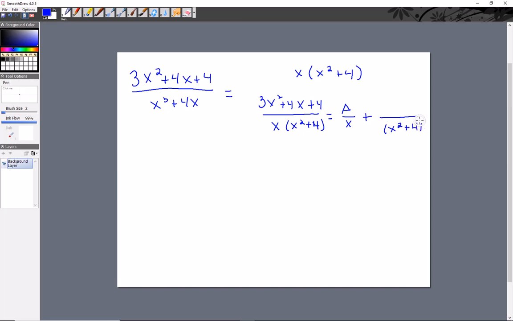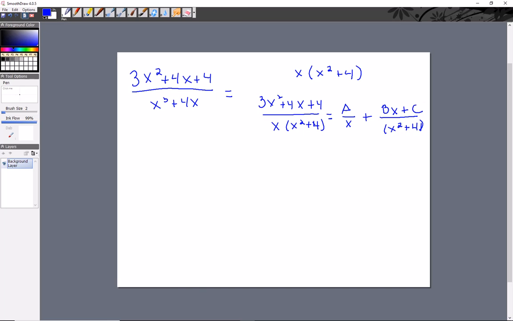And like what I've been saying throughout these videos, we want a numerator that's 1 degree less than the denominator. So that means we need an x. So this will look like this, Bx plus C. All right, degree 2 in the denominator, degree 1 in the numerator.